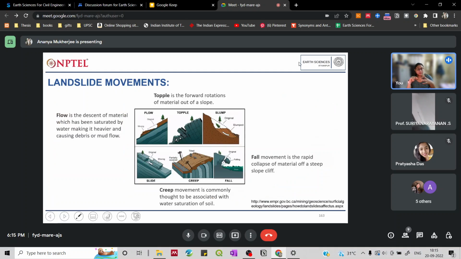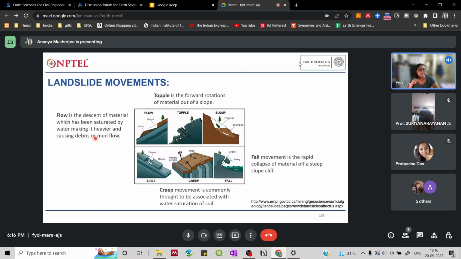So now we'll learn about the different kinds of landslide movements that we see. This can happen due to different kinds of planes of weakness present, or the kind of erosion processes that are taking place over there. So the first one is the flow, that is the descent of material saturated by water, which makes it heavier, and it can cause debris or mud flow.